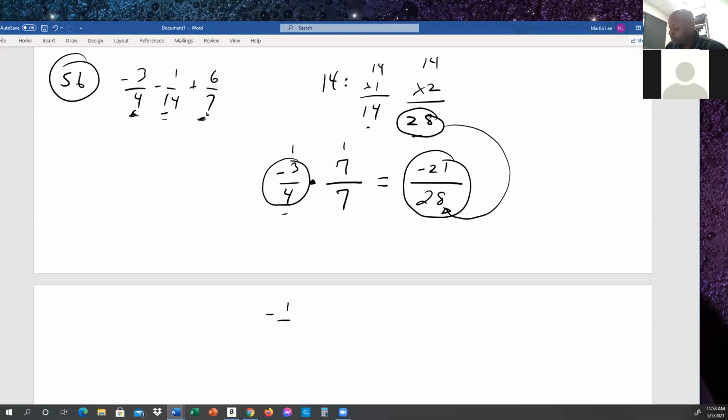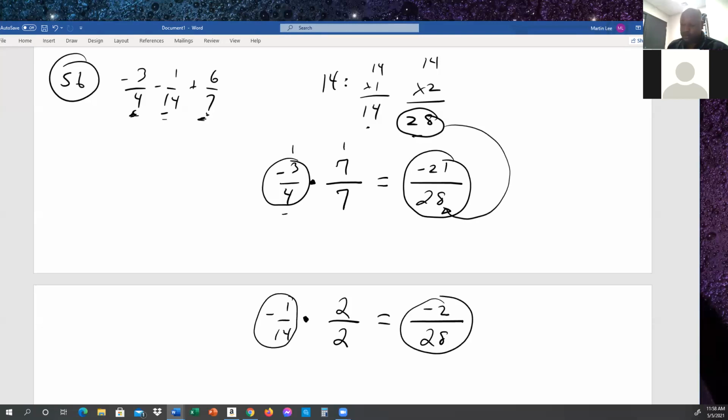Okay, let's change -1/14 so that it will be some fraction whose denominator is 28. 14 times what gives me 28? 2. 2 in the denominator, 2 in the numerator. -1 times 2 is -2. Circle these equivalent fractions.